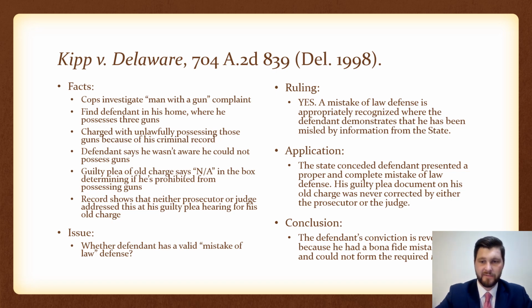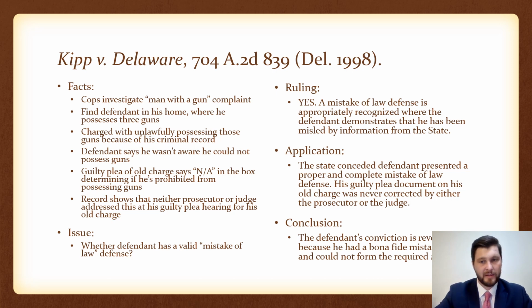Now, the defendant's defense is he wasn't aware he could not possess guns. Typically, that defense isn't going to work. However, they go back and they look, and on the face of the judgment of his guilty plea of that old charge, it says not applicable, or NA, in the box determining if he's prohibited from possessing guns.